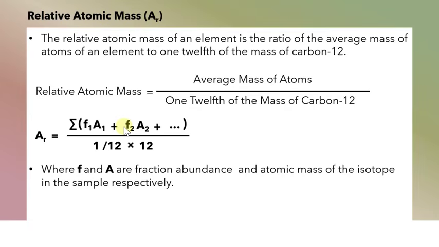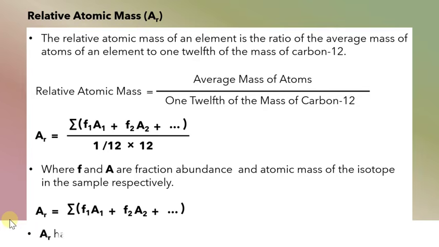All right, so this formula now, because I've told you that this one will be 1, reduces to relative atomic mass is equal to the sum of F1 A1 plus F2 A2, and you put them in brackets like that.